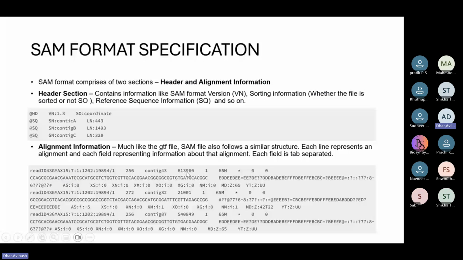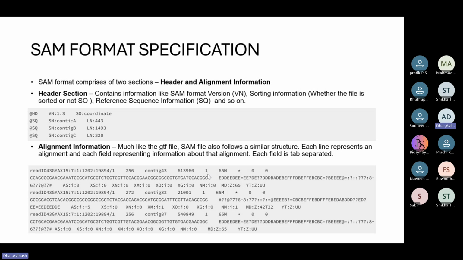So we are done with 4 lines. Next is mapping quality. Like we had quality scores, similarly we have mapping quality scores in BAM files as well.